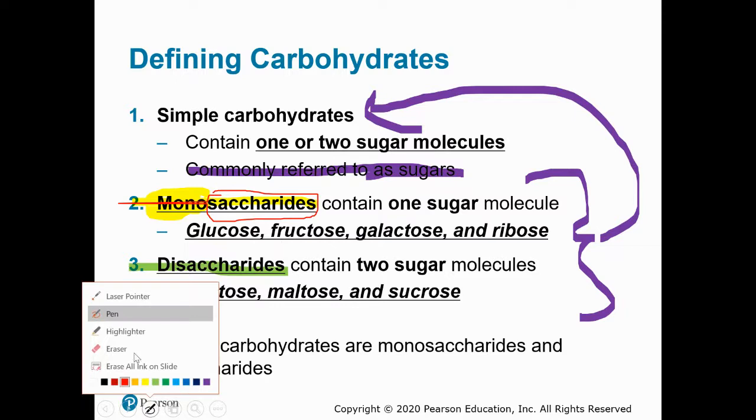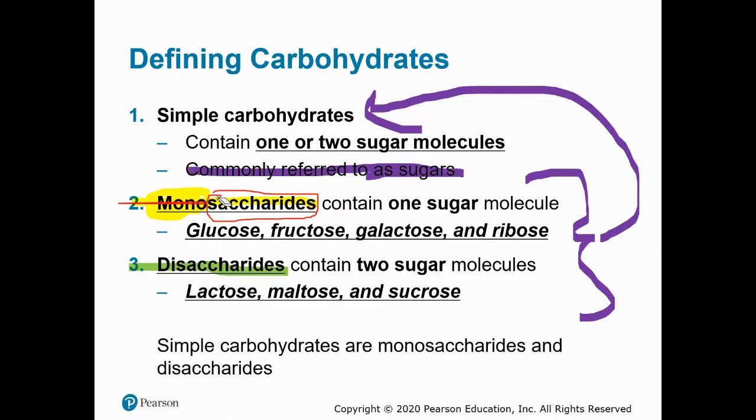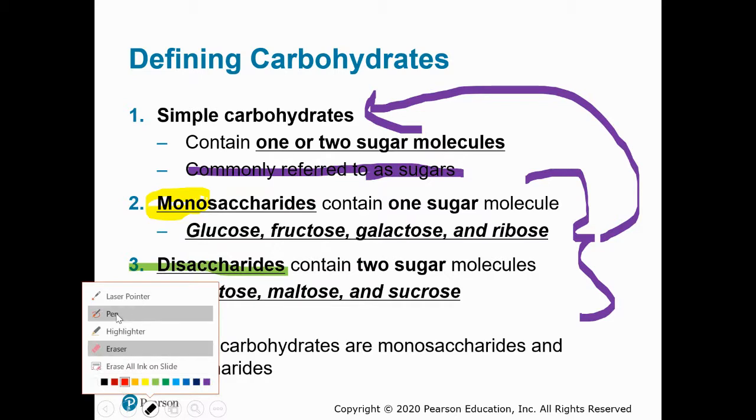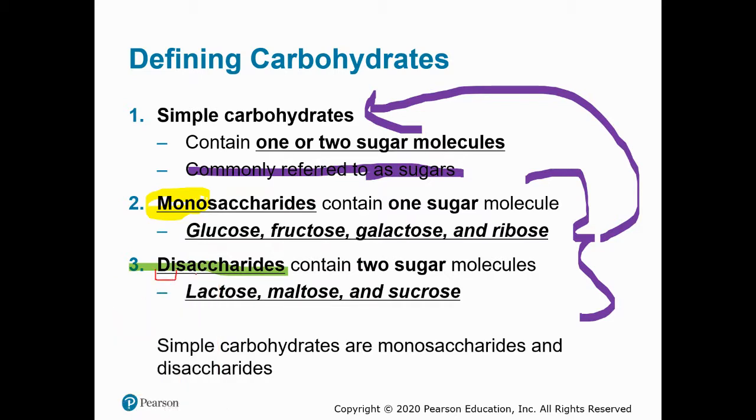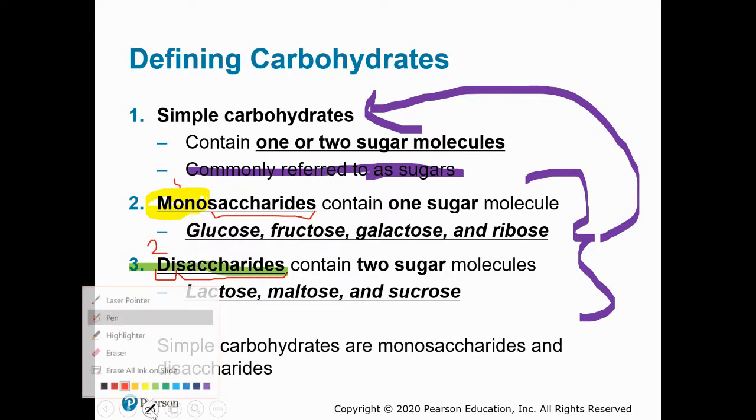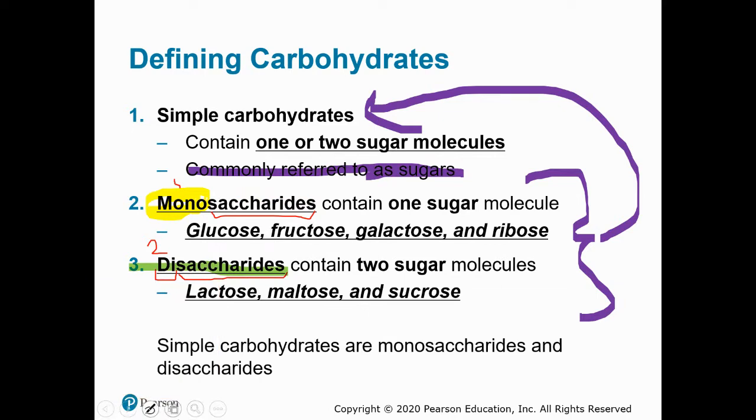So monosaccharide means 1 sugar. Disaccharide, similarly, di means 2. And again, saccharide means sugar. So monosaccharide has 1 sugar. Disaccharide has 2 sugars.